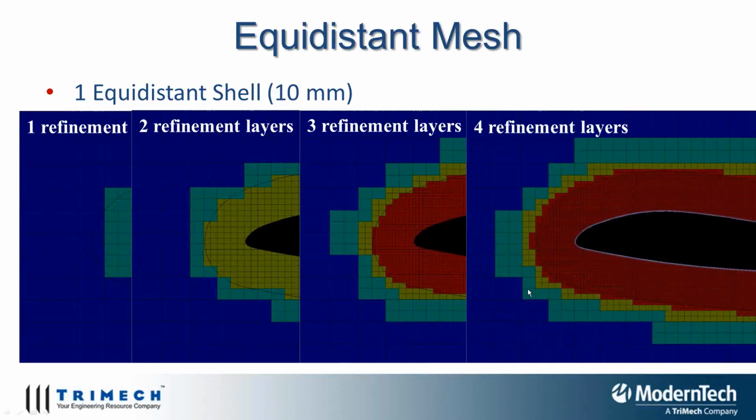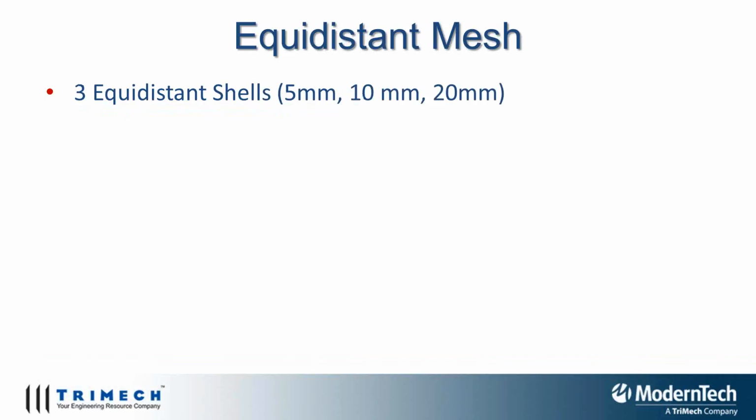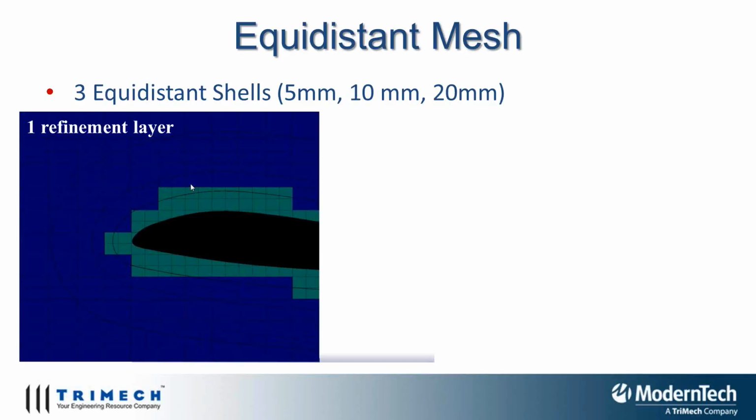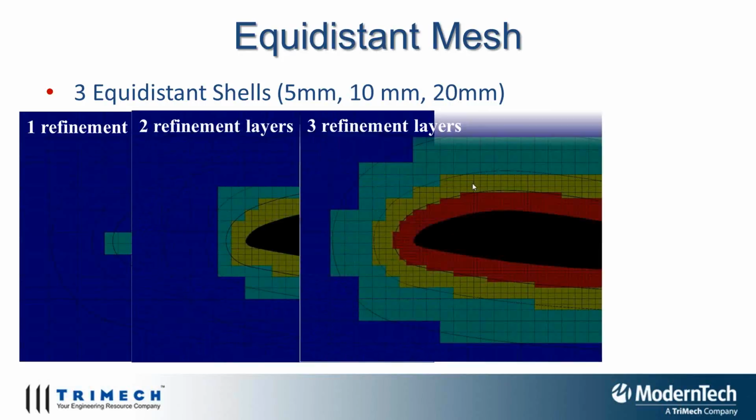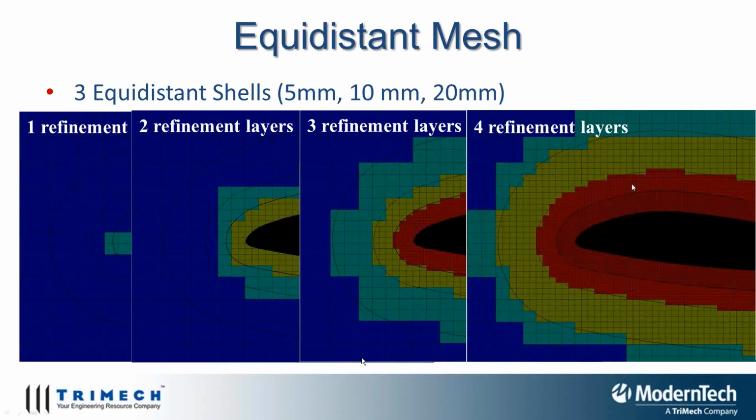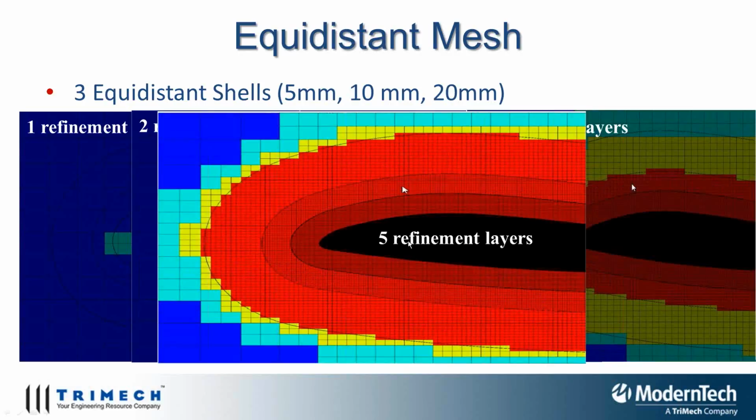And with 4 refinement layers, as you can see, the number of cells have increased significantly, which means I would now be able to capture the boundary layers, the pressure differences, the recirculation zones in the most accurate and efficient manner. The same problem with 3 offsets or 3 shells instead of 1 would provide a much more refined result when I bump up the number of refinement layers to like 5.